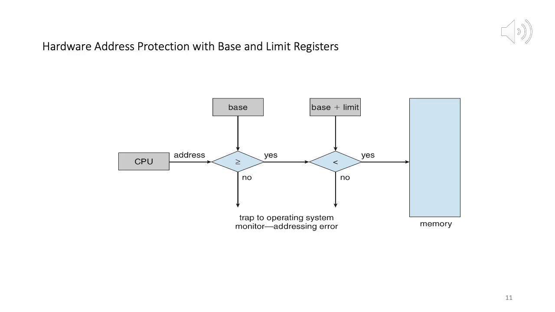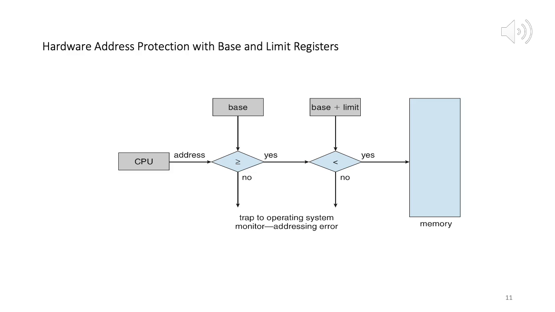So if my base register contains 100 and my access is for 99, obviously out of bounds. So if the memory access I am doing is greater than or equal to the base, then I go ahead; otherwise I trap to the operating system.